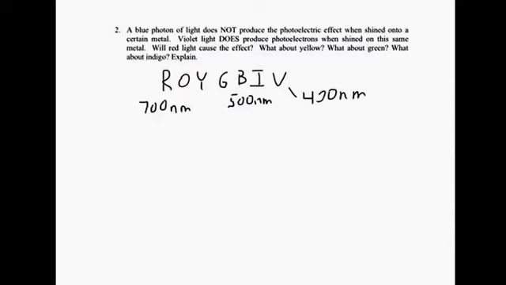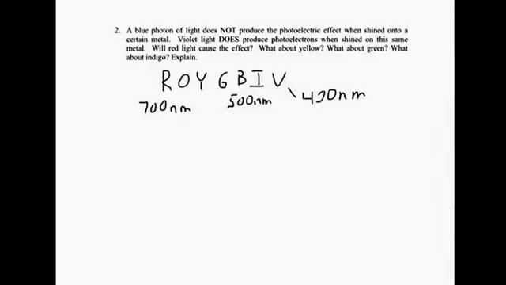So if violet at 400 nanometers is emitting a photoelectric effect, and blue at 500 nanometers is not, that means that only wavelengths down from violet are emitting. Anything to the right, 500, 600, 700, 800, is not producing the photoelectric effect.